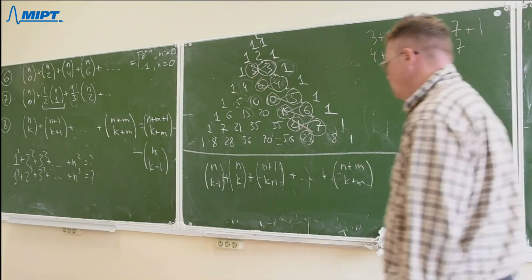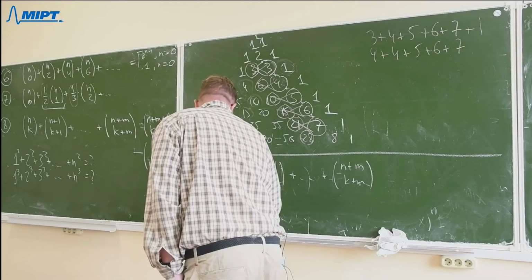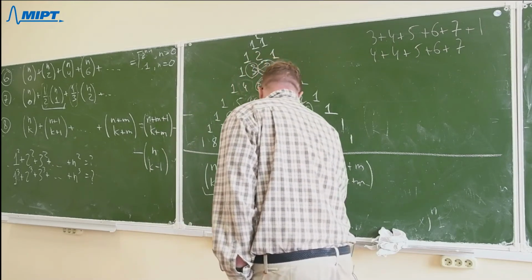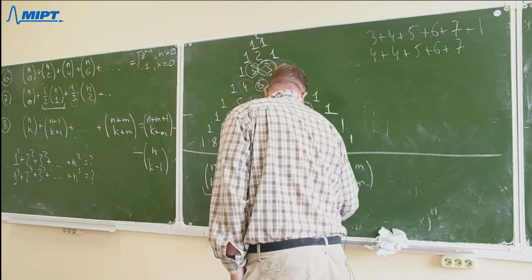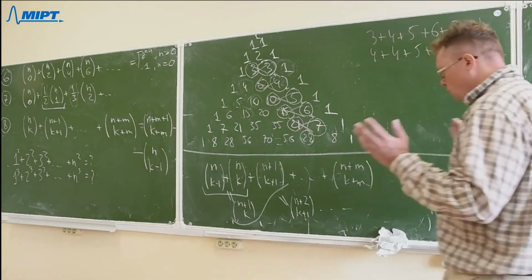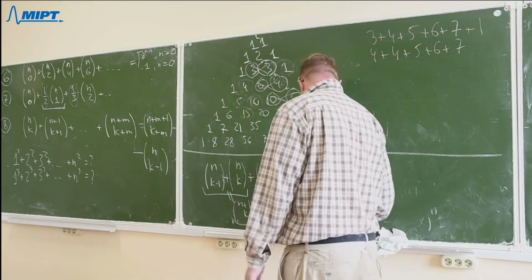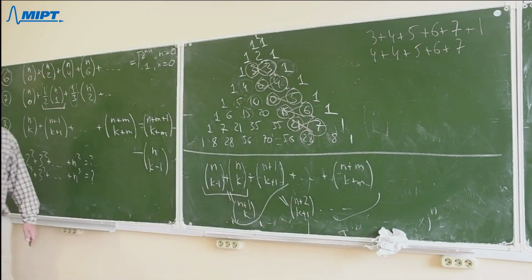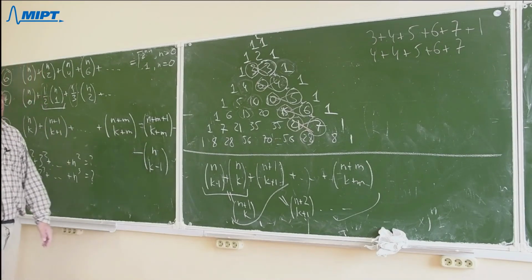And so these two are equal to n plus 1 over k. These two are equal to n plus 2 over k plus 1, and so on. And then using the second identity many times, we will get the difference of these two binomial coefficients.